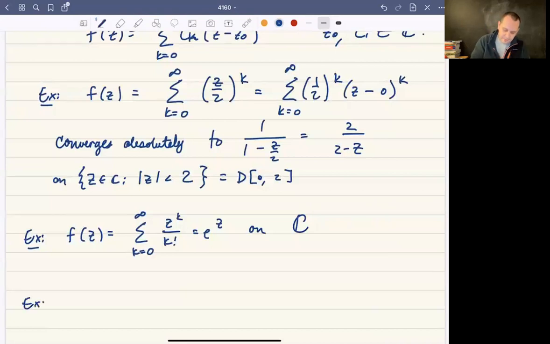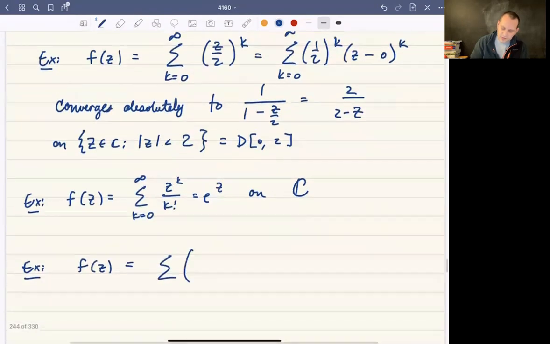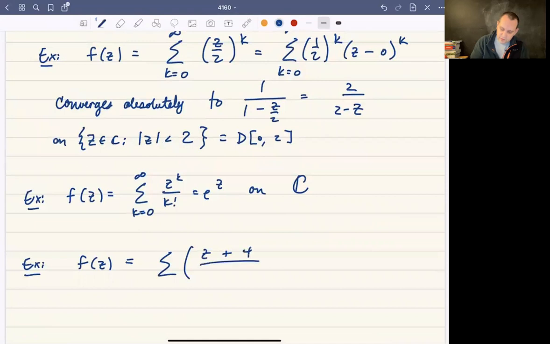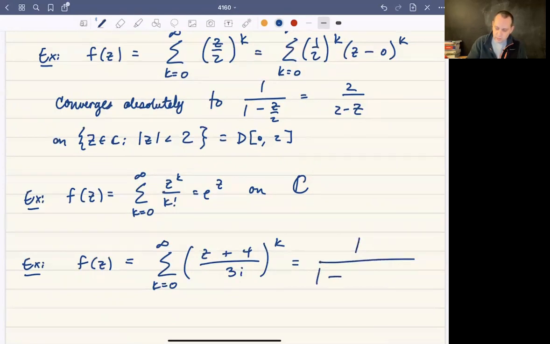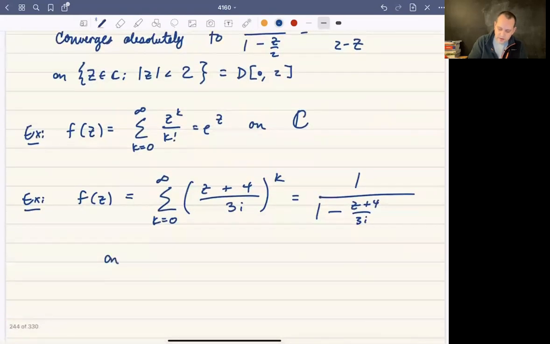If I were to look at, say, f of z, I'm just going to pick another silly example like the first one, z plus 4 over 3i to the k, as k goes from 0 to infinity. This is going to converge to 1 over 1 minus z plus 4 over 3i, and that'll converge whenever the modulus of z plus 4 over 3i is less than 1.